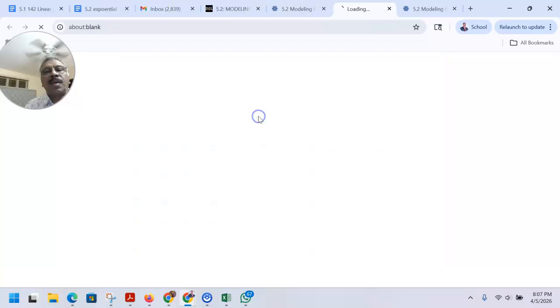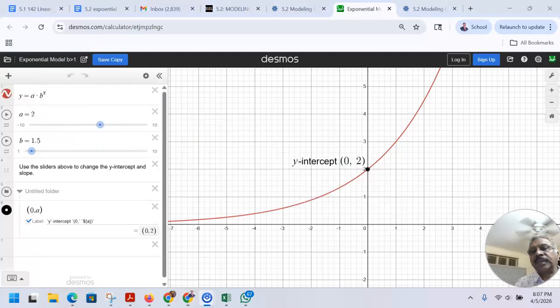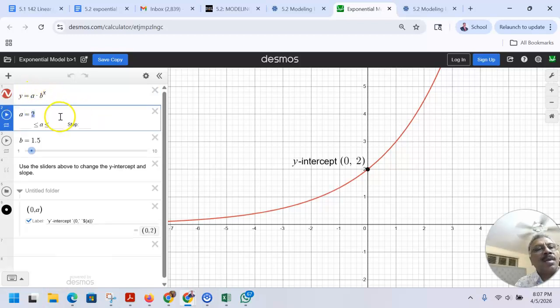So go to this one. This is desmos.com and you can see the graph here. So y is a times b raised to x. Now a is 2 in the beginning, and you can see it is already 2 here at 0, 2, and b is 1.5 here.